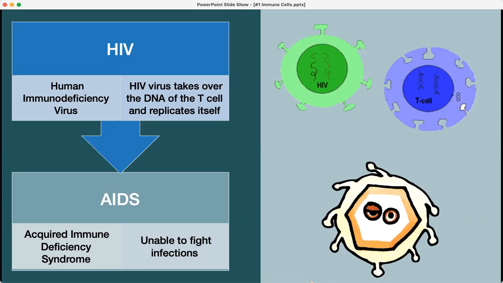If someone develops AIDS, that's beyond the infection of the virus, where you've lost your immune function of your T cells. Then these people present with unusual tumors and infections, and very unusual fungal infections. So that's the state of AIDS.